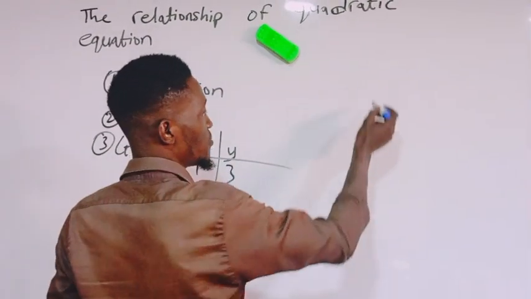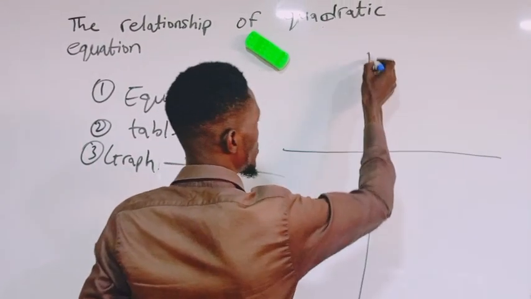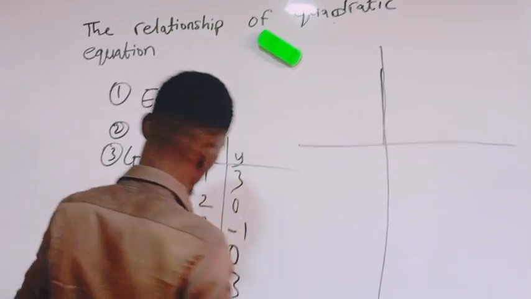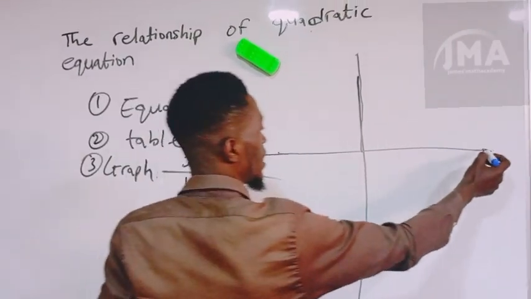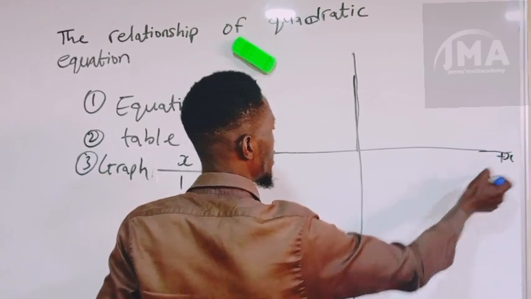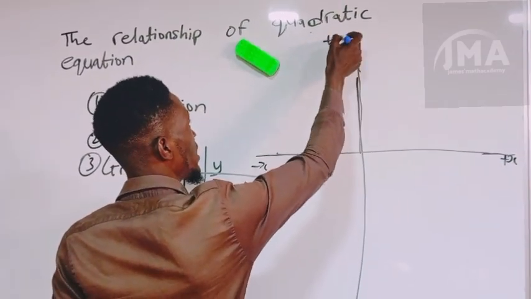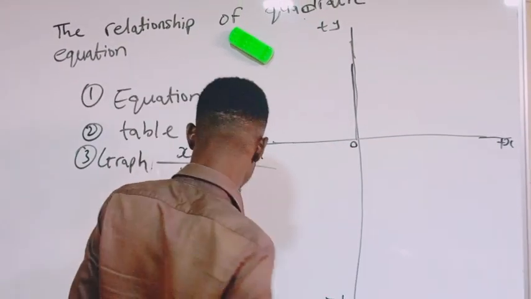Definitely, you're going to make reference to our x and y values. This is our x axis, plus x and minus x, and this is for plus y and this is for minus y. This is our origin, 0.